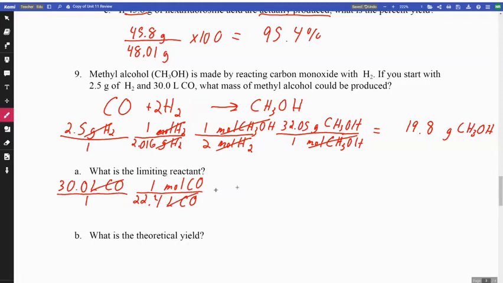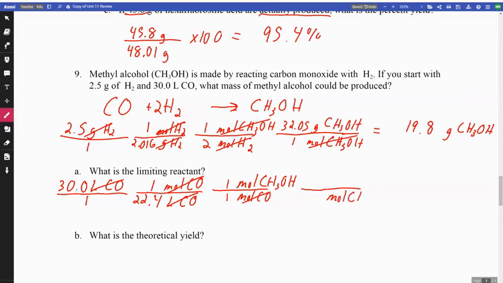Okay, so liters of CO cancels out. We're left with moles of CO. That's not where we want to be. So moles of CO goes on bottom, moles of alcohol goes on top. Moles on top, moles on bottom. So that's our coefficient, which is 1 and 1. Moles of CO cancels out. We're left with that. That's not where we want to be.